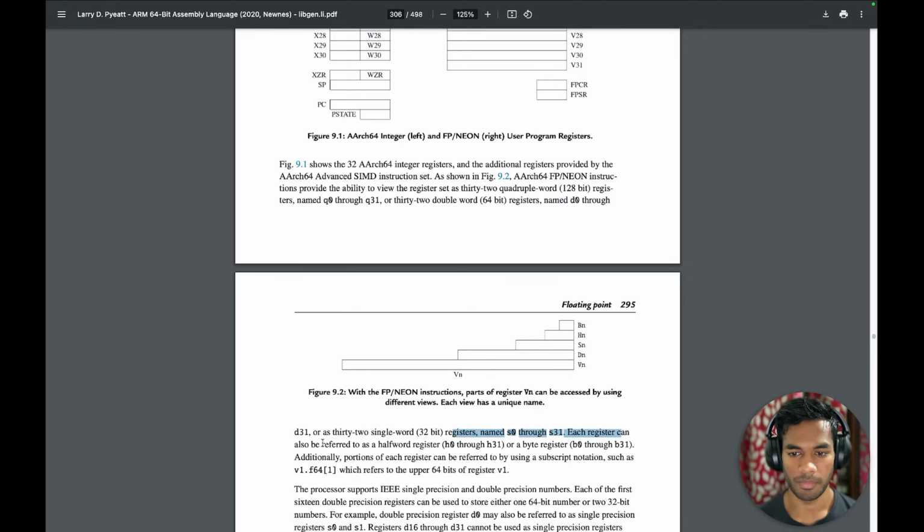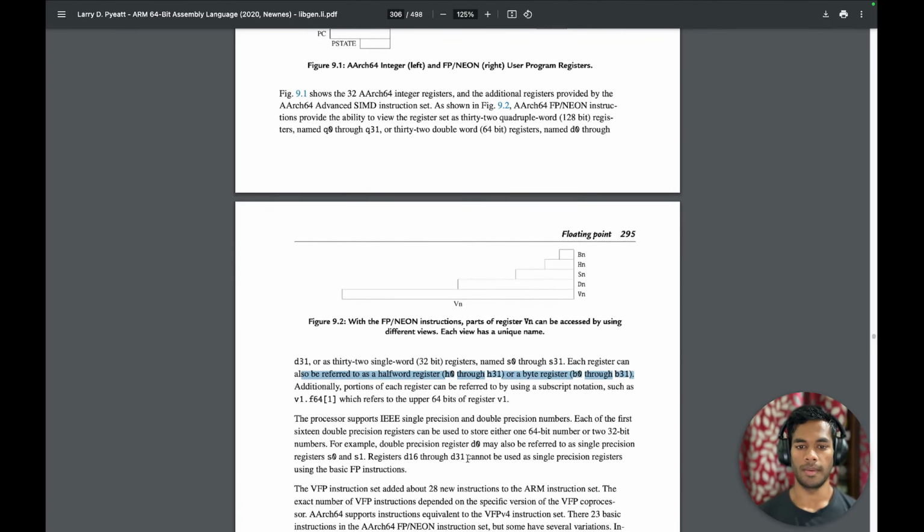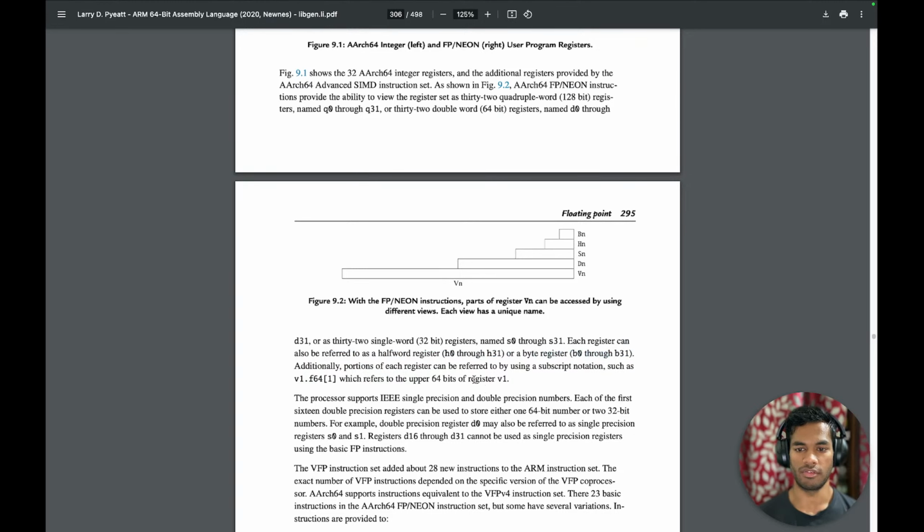Each register can also be referred to as a half word register H0 through H31 or a byte register B0 through B31. A half word is 16 bits and a byte is 8.